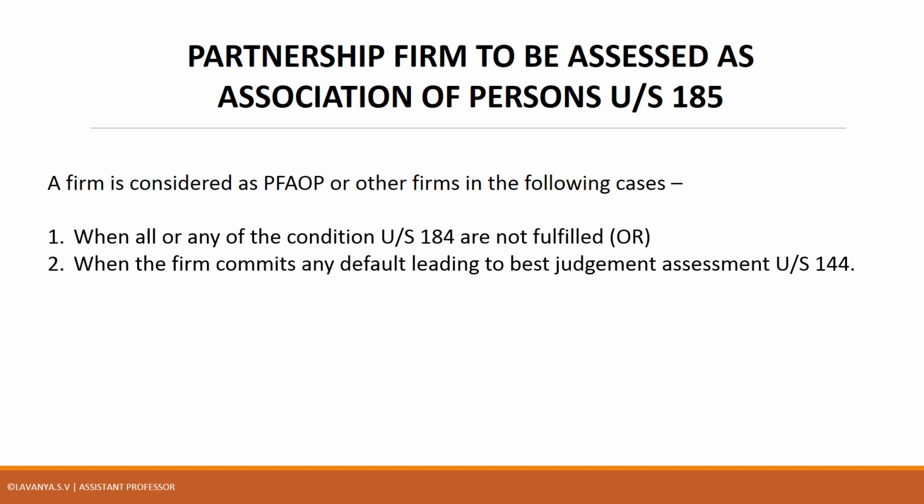That means to say, no deduction is allowed for any salary, bonus, commission or remuneration which is paid by the partnership firm assessed as association of persons to its partners, and no deduction is allowed on any interest on capital paid by other firms to its partners, and interest on drawings is considered as deemed business income of the firm. And also, the same system of taxation applies to all AOPs and BOIs.